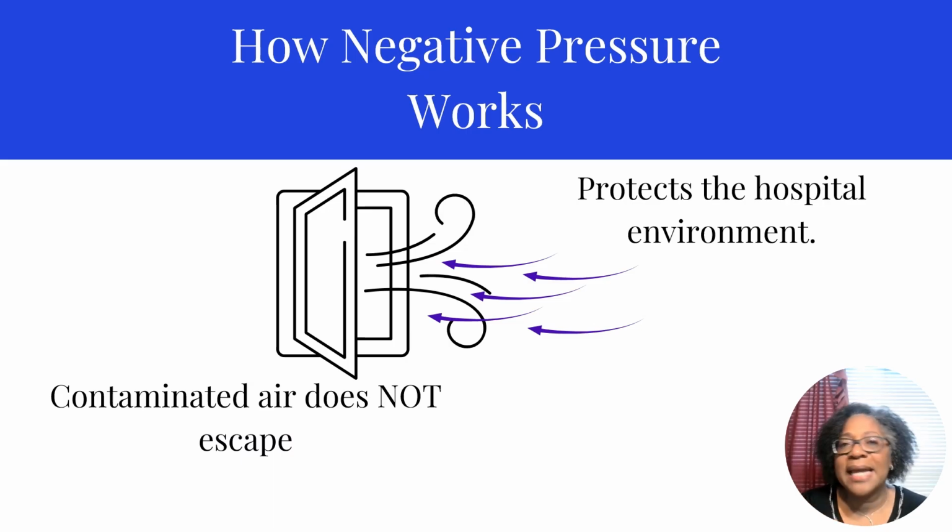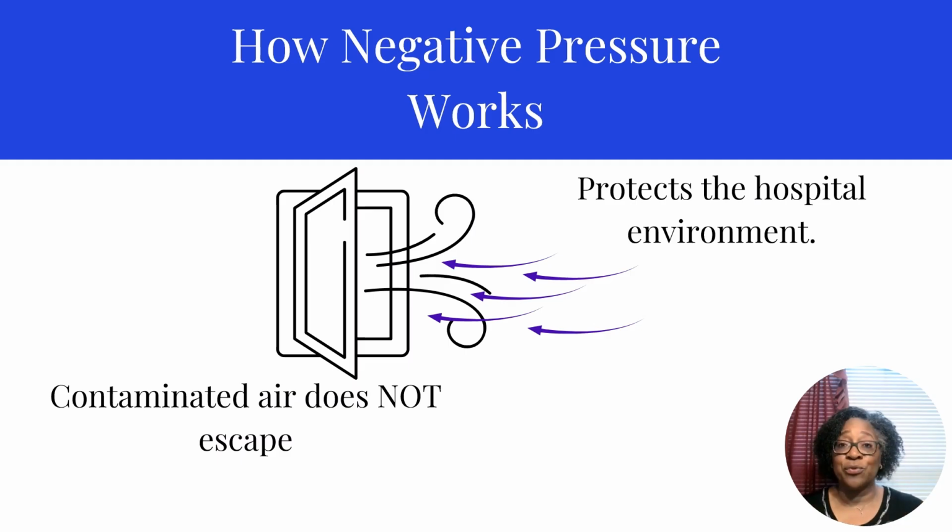When we talk about negative pressure rooms, I think this concept is misunderstood. Negative pressure means that the pressure inside of the room is lower than outside of the room. And so kind of think of it like, when you're thinking of fluids and figuring out which fluid pulls things into the cell and pulls things out. Well, it's kind of the same thing. With negative pressure, the air naturally flows towards the lower pressure.